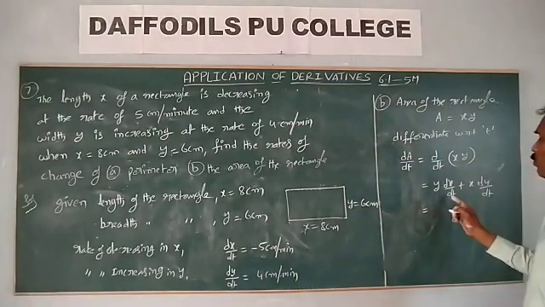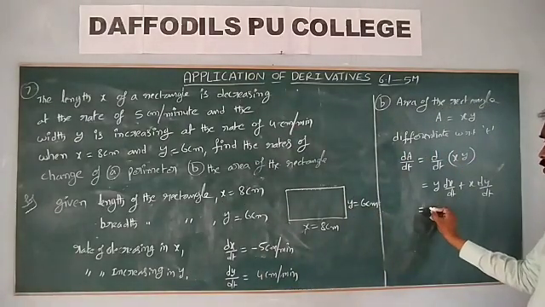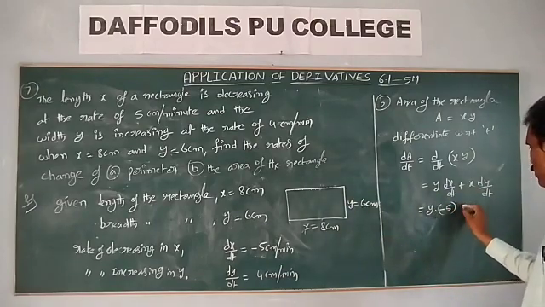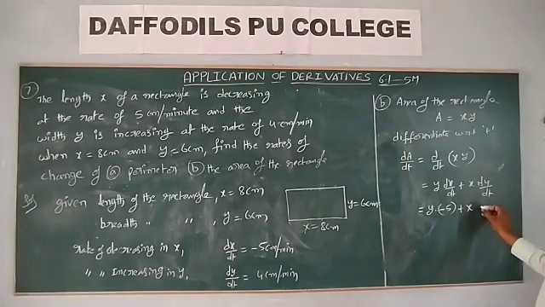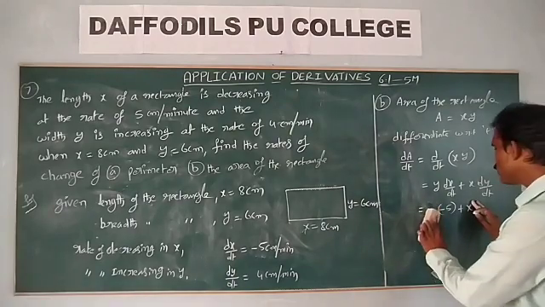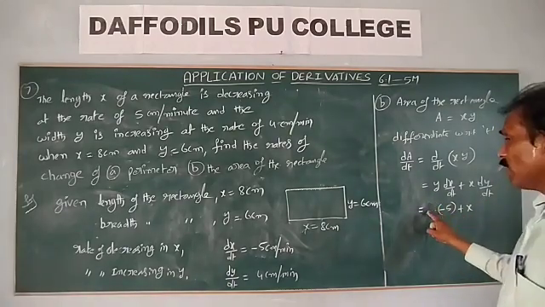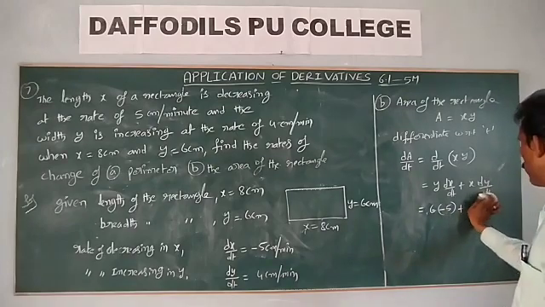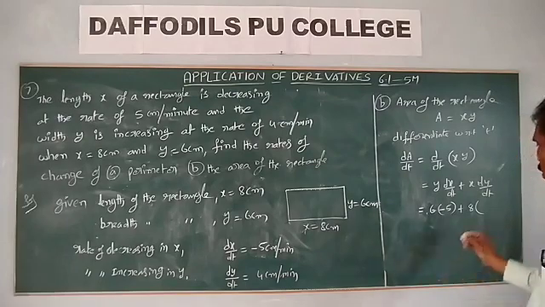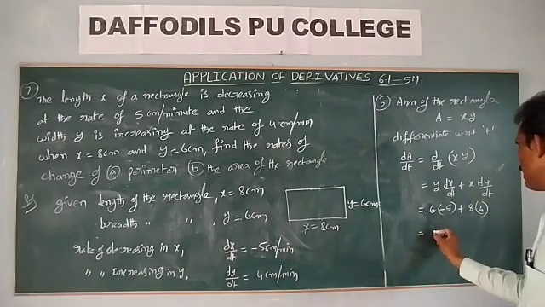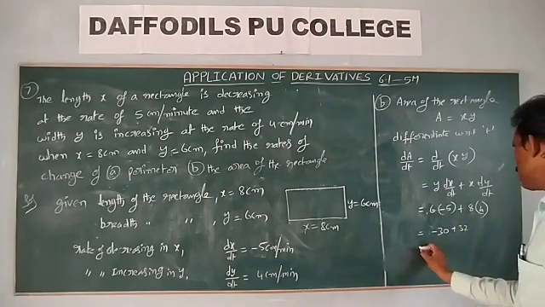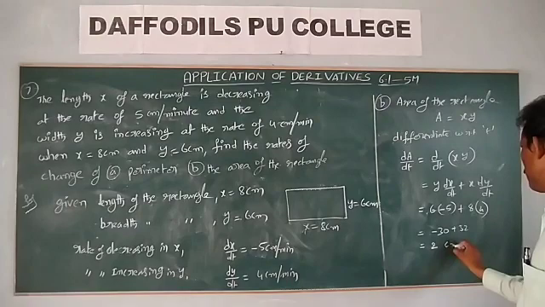Y into dx by dt value minus 5 plus x of dy by dt value. Substitute the y value and x value also. What is the y value? Y value is equal to 6. X value is equal to 8 and dy by dt value is 4. That implies this is minus 30 plus 32, which is equal to 2 centimeter square.